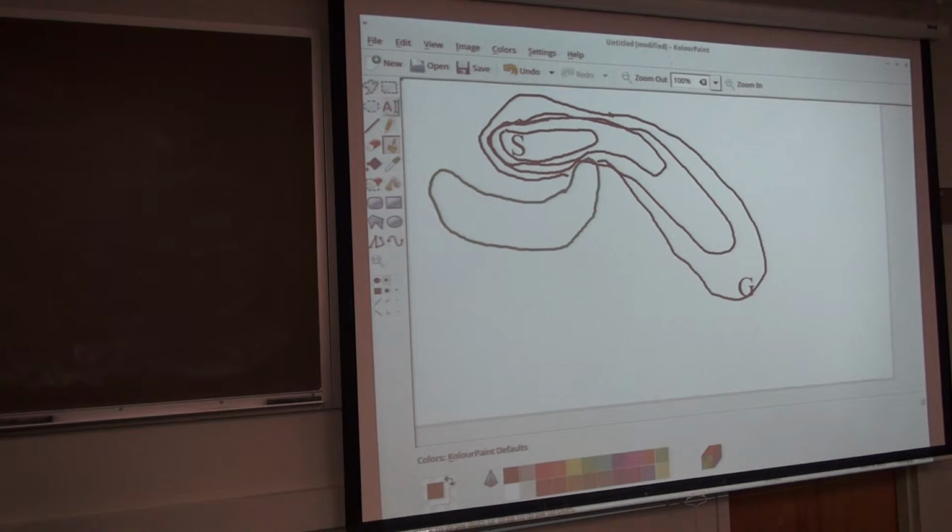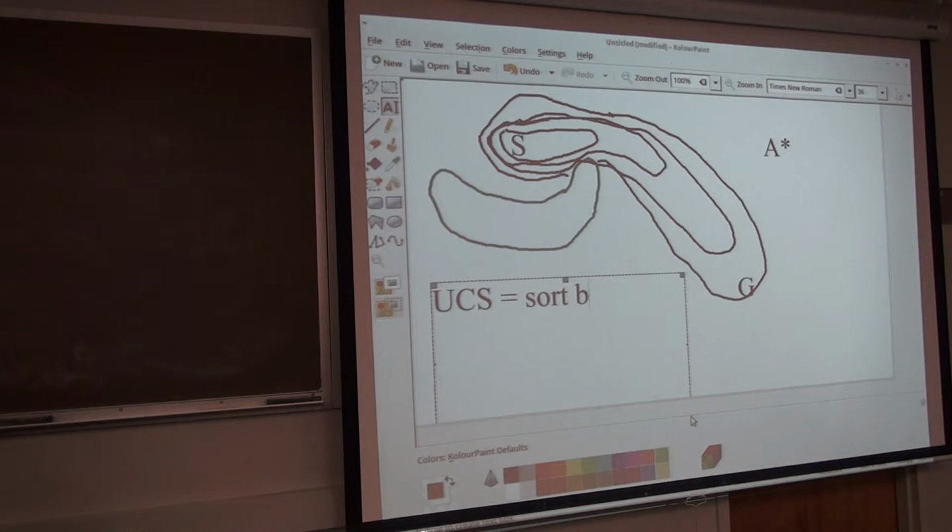The difference between A-star search and uniform cost search is one tiny little difference. The difference is that breadth-first or uniform cost search sorts its priority queue by cost. And A-star search sorts by cost plus an estimate of how long it's going to take to get to the goal.